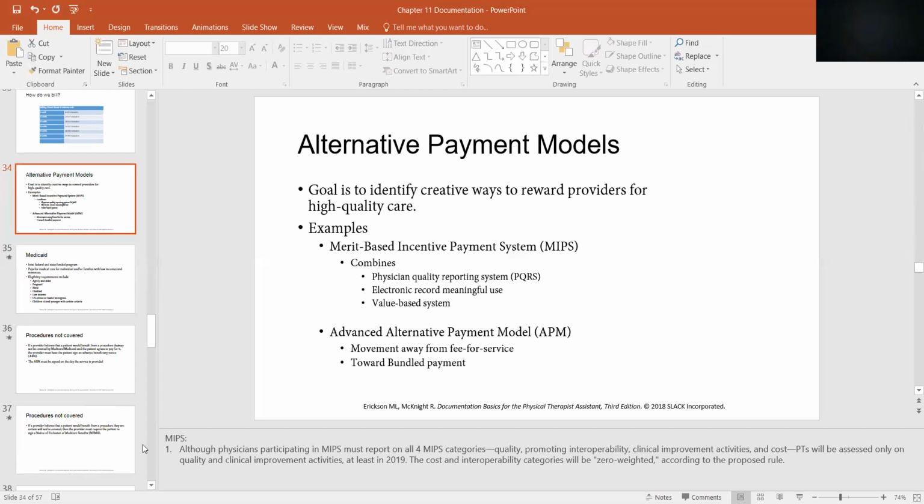So this bullet point, or number one underneath here in the notes: physicians had to start participating in MIPS, and MIPS looks at quality, promoting interoperability, clinical improvement activities, and cost. When PTs and PT clinics are part of MIPS, they are only going to look at the quality and clinical improvement activities.